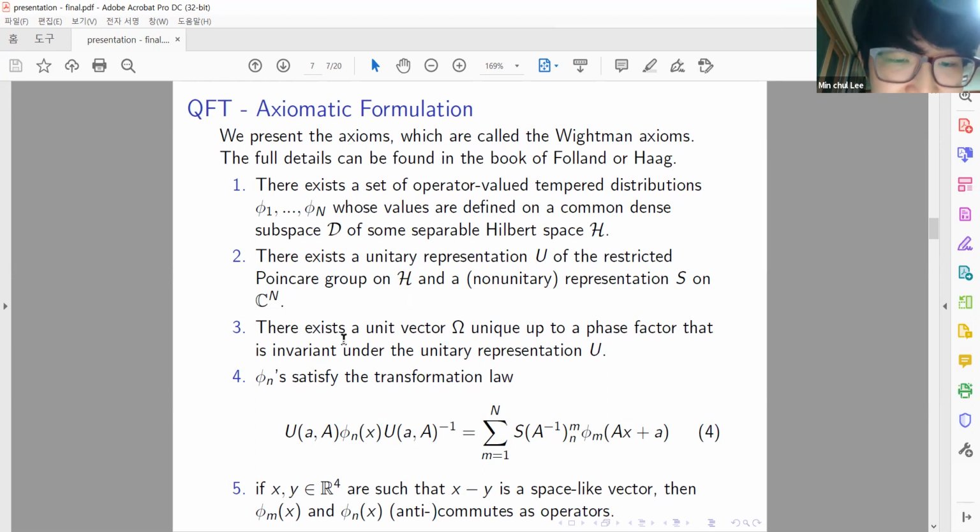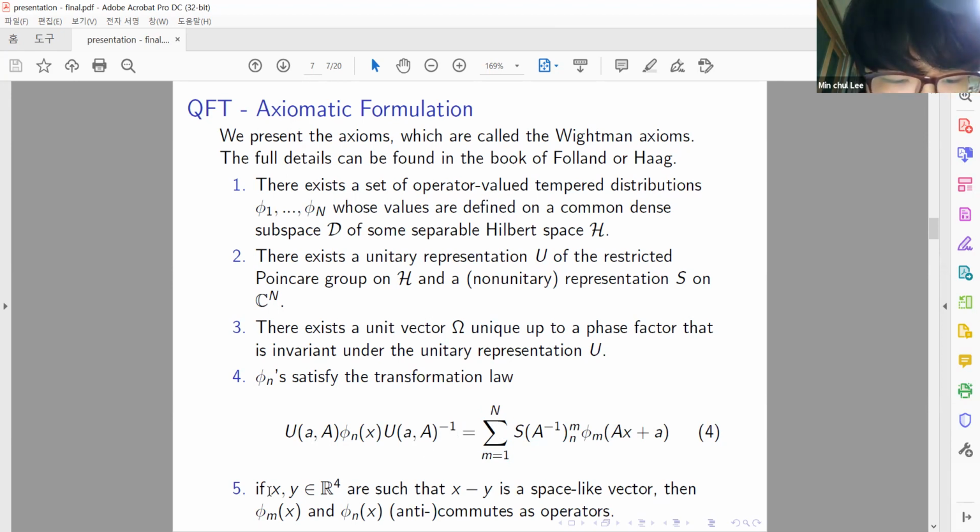Third, there exists a unit vector omega, unique up to a phase, that is invariant under the unitary representation U. This unit vector omega is called the vacuum. And the phi_n satisfy a transformation law given as this. Here, in fact, U and S depend on the spin of the fields.